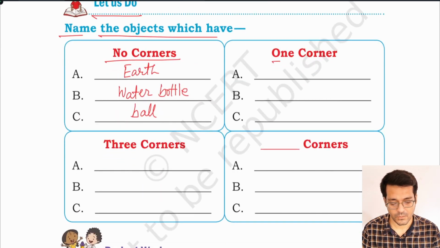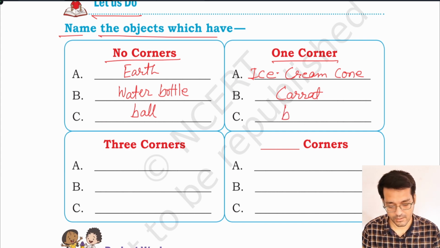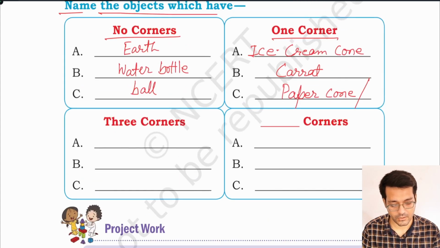Similarly, for one corner, a cone shaped thing: ice cream cone, carrot, or hand bell. Or you may write paper cone, clarion or shehnai. You may write any.